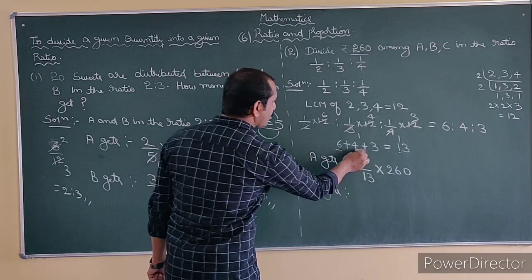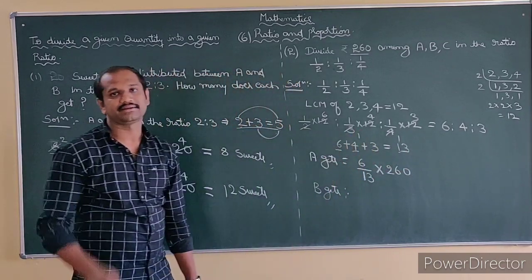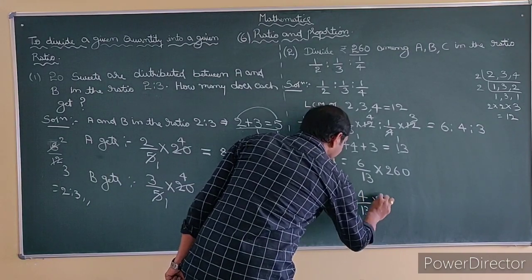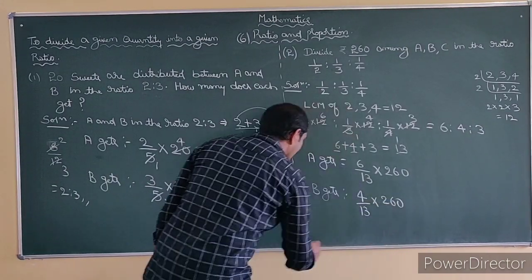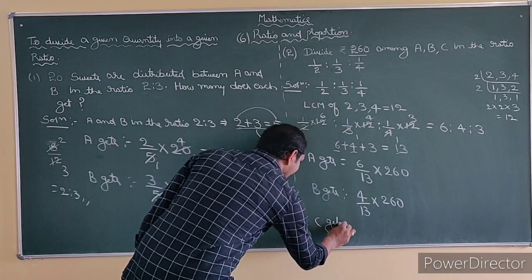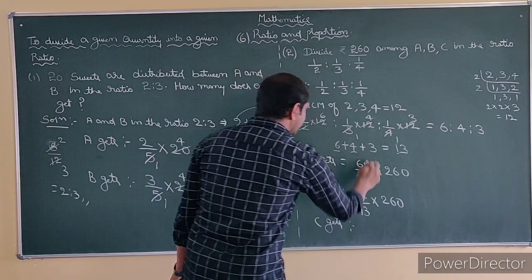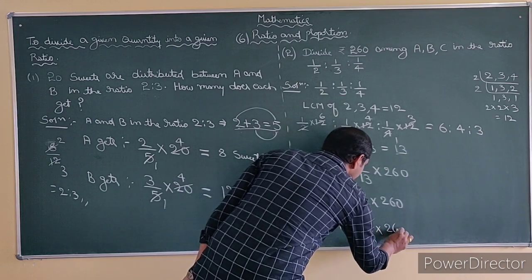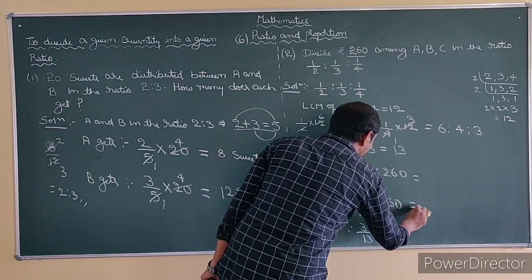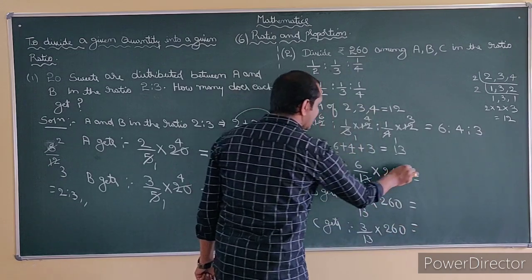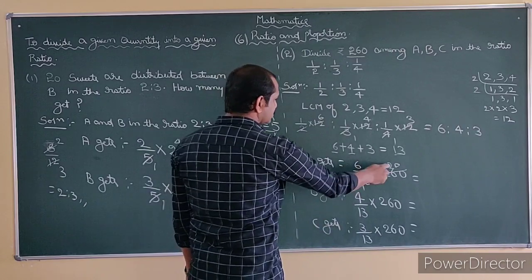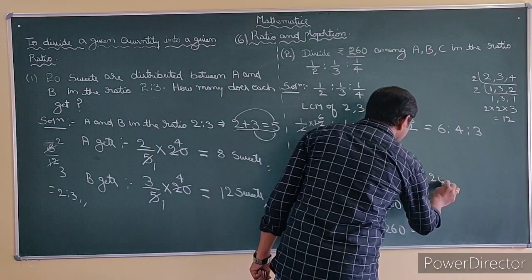Next, what B gets? B gets 4 by 13, 4 by 13 into 260. What does C get? 3 by 13 into 260. Look at here. 13 ones are 13, 13 twos are 26, right? 6 twos are 12, so 120 rupees.